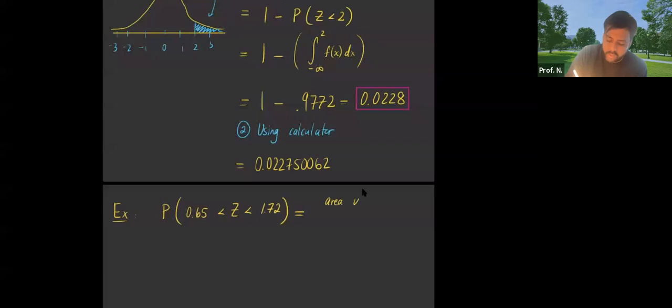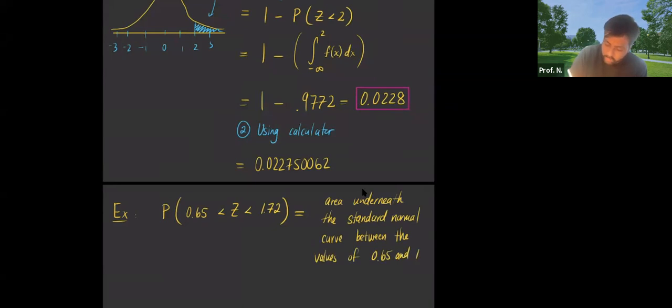It would be the area underneath the standard normal curve between the values of 0.65 and 1.72.